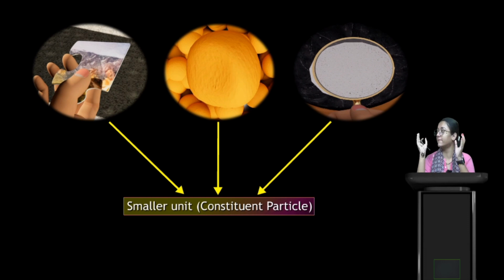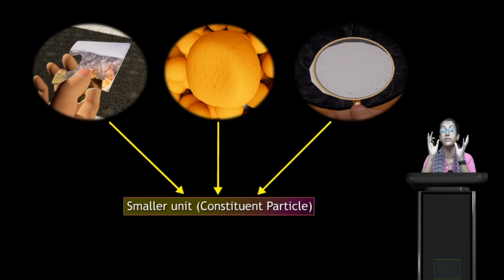Clear everyone? In the first case, the small pieces of the puzzle are considered the constituent particles of that puzzle. In the second case, the particles of laddus are constituent particles for laddus.